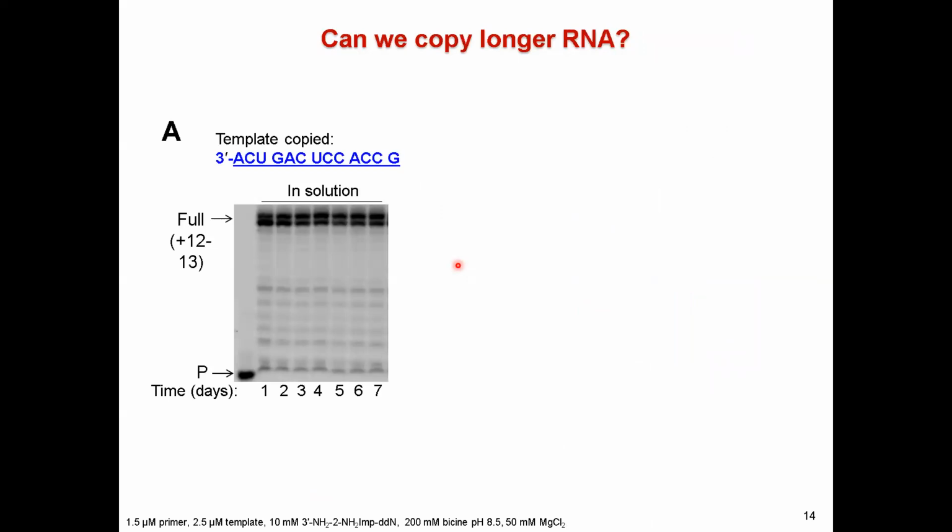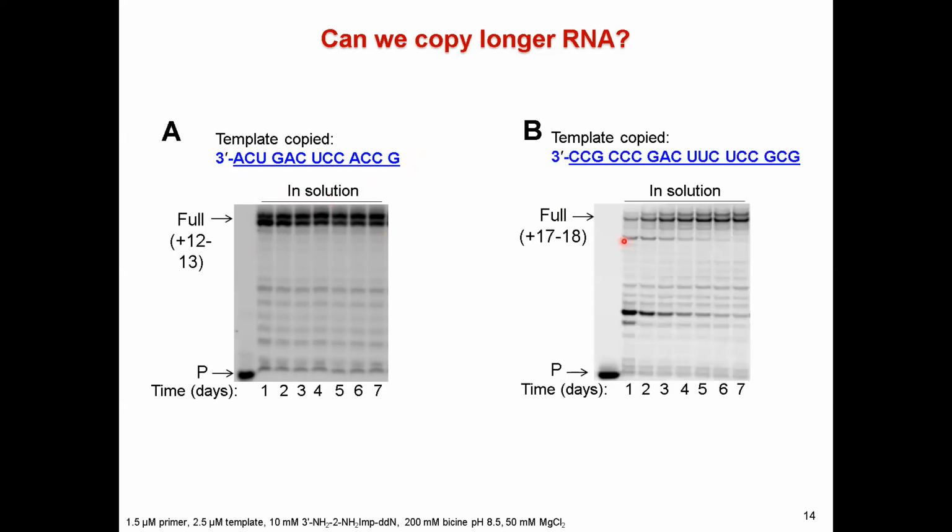But we wanted to reach that 30 nucleotide mark, right? This is where sequences get long enough to encode for useful function. And we had the example of a hammerhead ribozyme, right? And so we did this in a stepwise fashion. We could copy 12 nucleotides, no problem. We can get this up to 18 nucleotides again within just a few days.